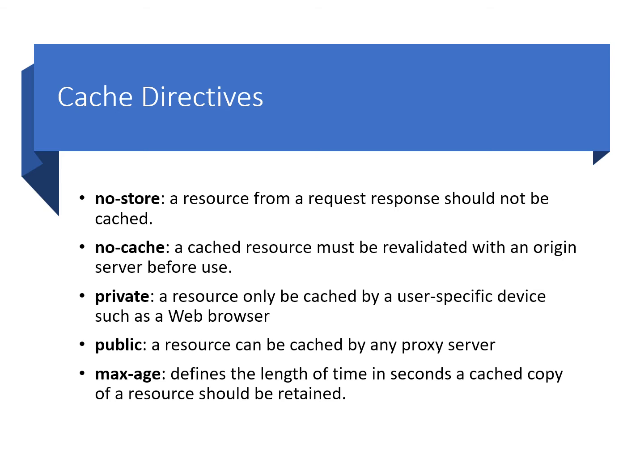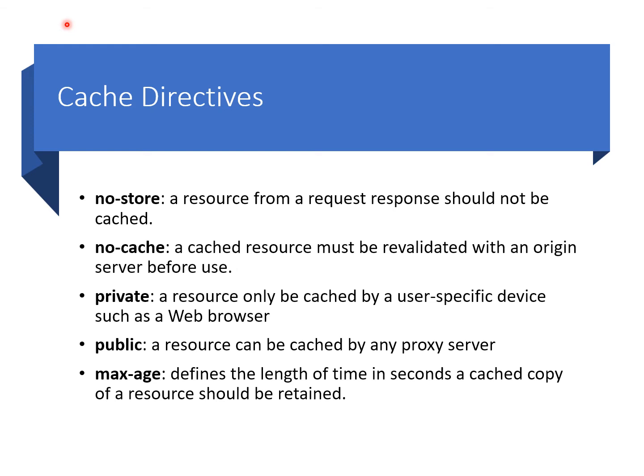The Cache-Control HTTP header can be used by client requests and service responses to specify how the caching should be utilized for the resources of interest. The slide here lists the possible values. No-store specifies that a resource from a request should never be cached. This is typically used for sensitive data that needs to be retrieved from the origin server on every request.